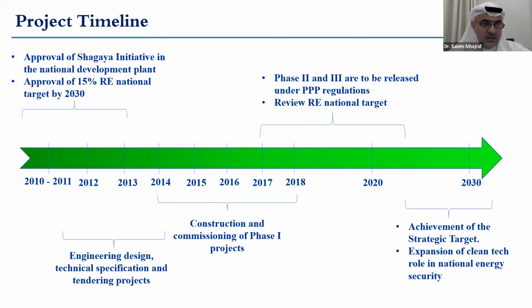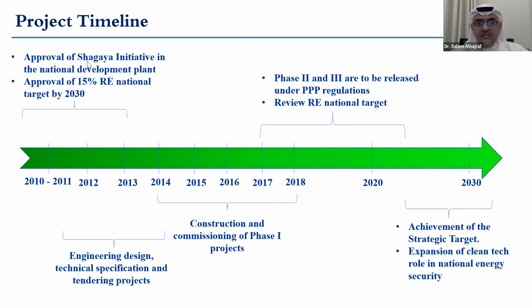Between 2011 and 2014, a master plan, site selection, engineering, and tender documents were conducted till we reached about mid 2014, where contracts were signed and groundbreaking work started, between mid 2014 and the last part of the plant commissioned in mid 2018.